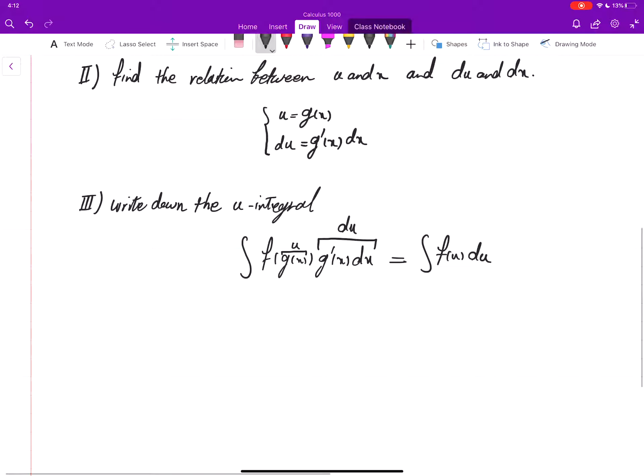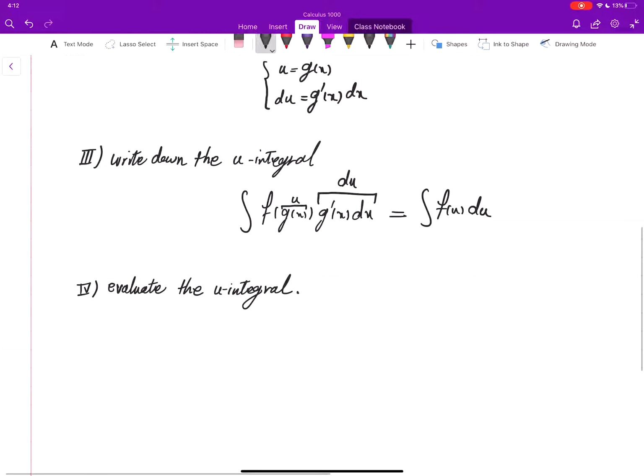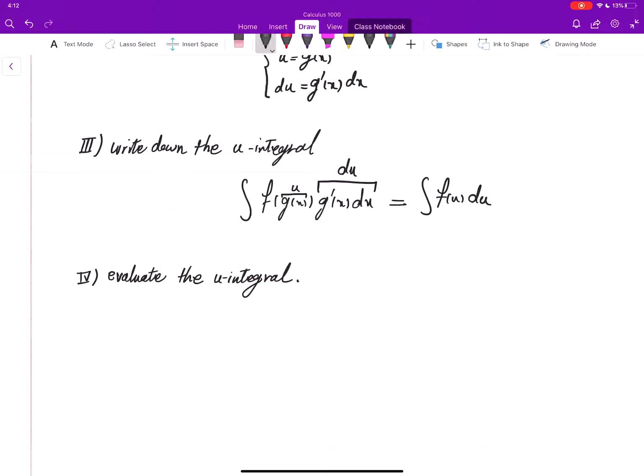Now, the fourth step is to evaluate the u integral. Whatever that is, hopefully it's an easy integral to evaluate, and then you will find a function in u. This is what you do in that step, but you're not done until you plug g(x) back in for u.